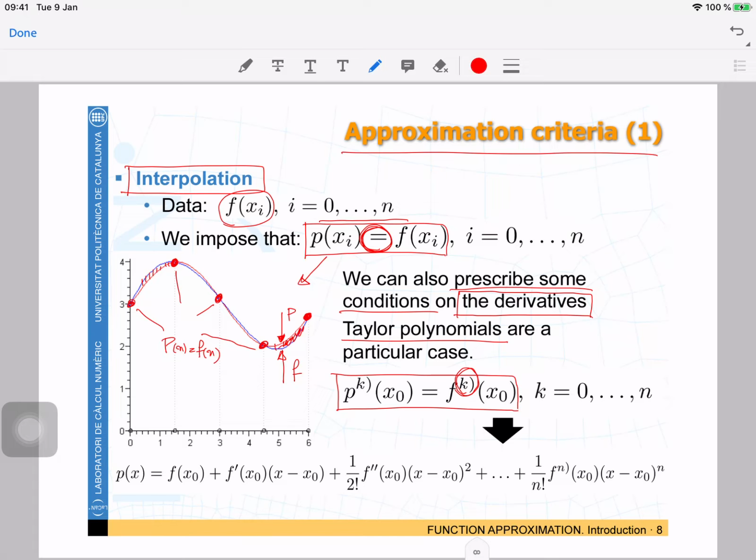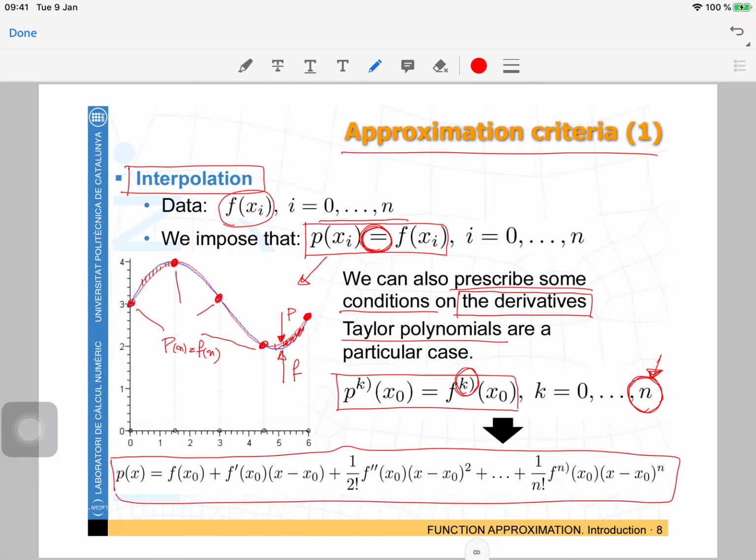For a Taylor polynomial of degree n, we can prescribe the equality of derivatives until order n. Here you can see a Taylor polynomial which can be written in this form, as a function of the value of f and derivatives until order n.